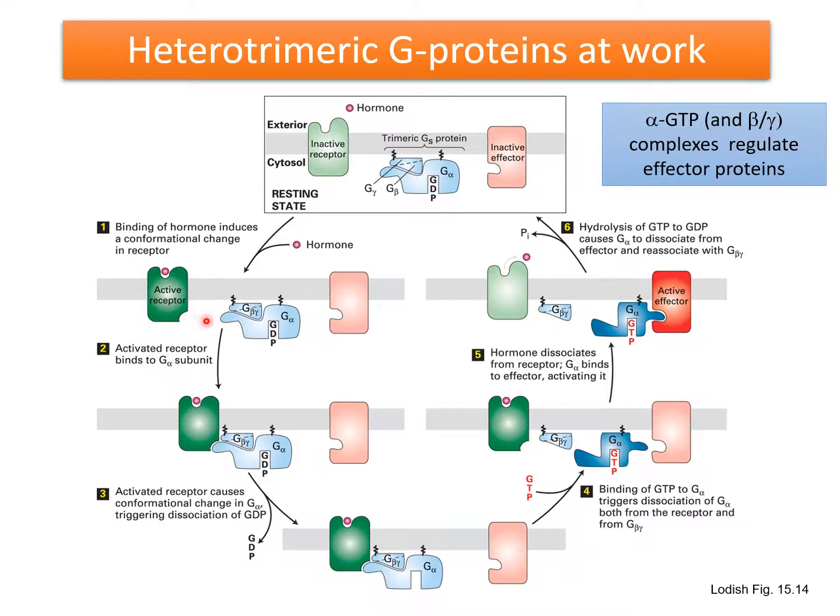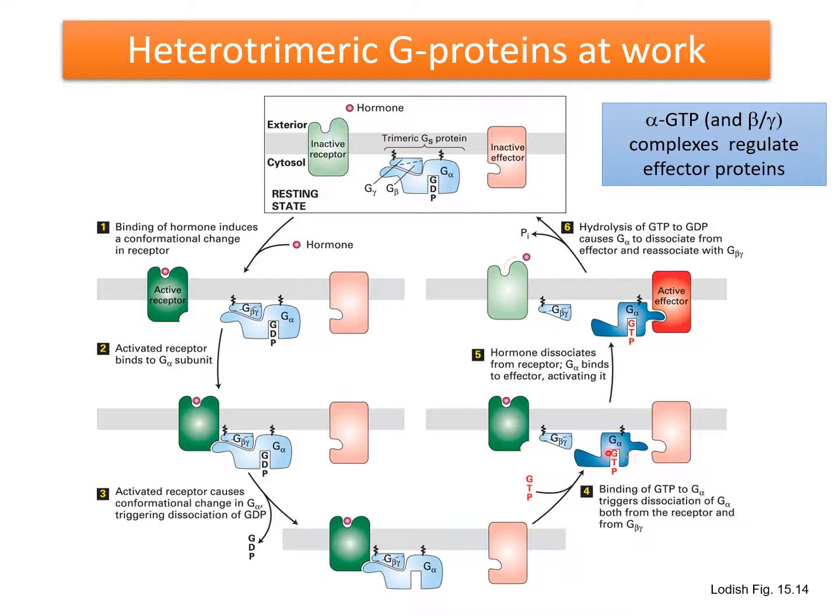And this is going to induce a conformational change that's going to favor the binding of this heterotrimeric G protein here. When this heterotrimeric G protein binds to the G protein coupled receptor, this is going to cause GDP to be ejected from the G alpha subunit. And then once this G alpha subunit is no longer binding to GDP, it will free itself from the trimer.